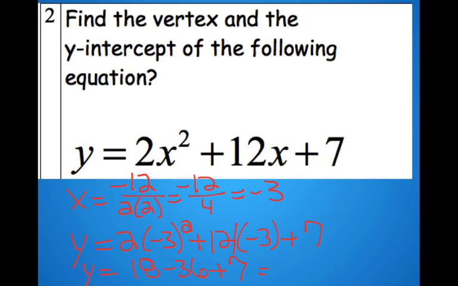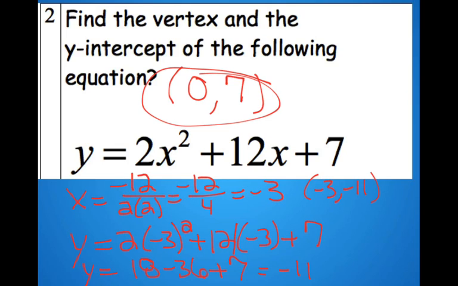So that would be negative 18 plus 7, so negative 11. So the vertex will be negative 3, negative 11, and the y-intercept will be 0, 7. So again, just plug in 0 for all of the x's, and it's just always going to be whatever that constant is, really.